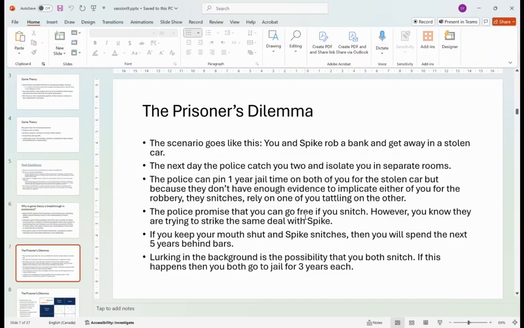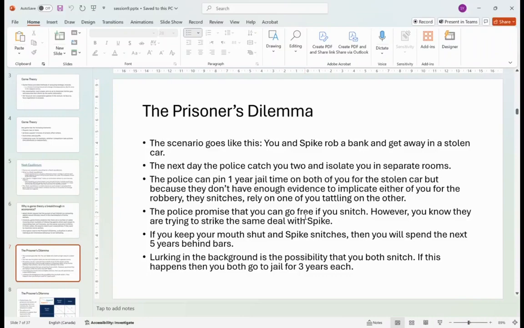The police promises each robber that they're going to go free if they snitch. But each robber knows that the other robber has been given the same offer. So this is the offer given to both robbers by the police, and each robber knows the other robber is taking the same offer.